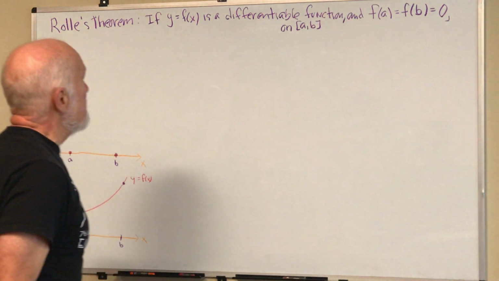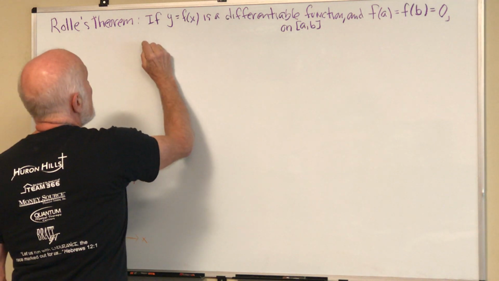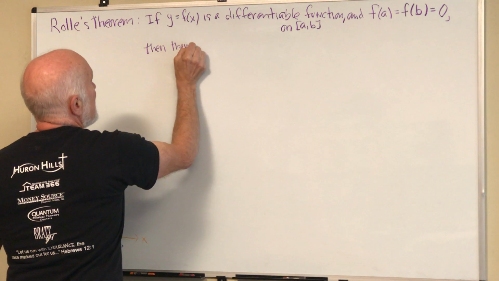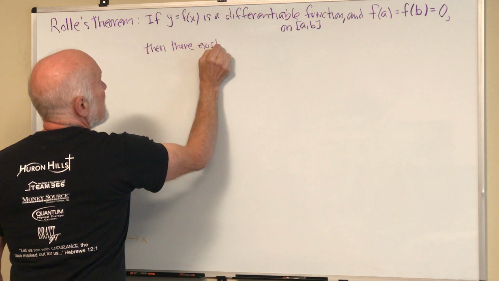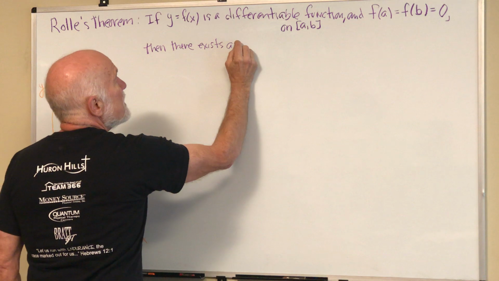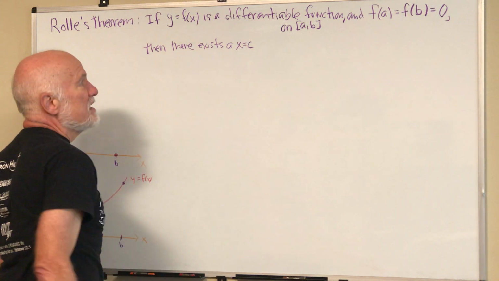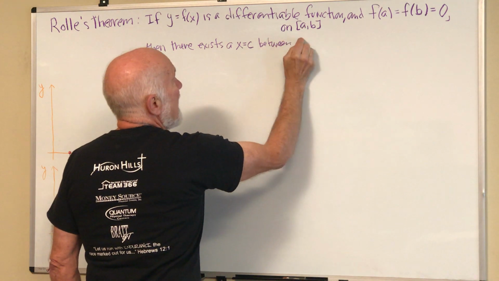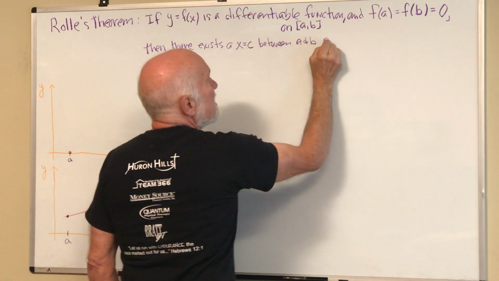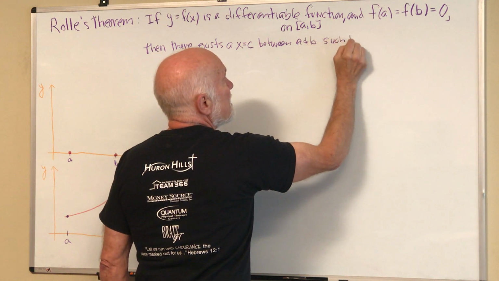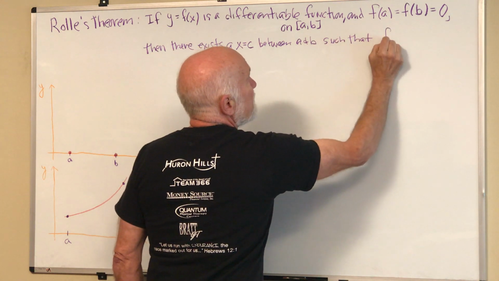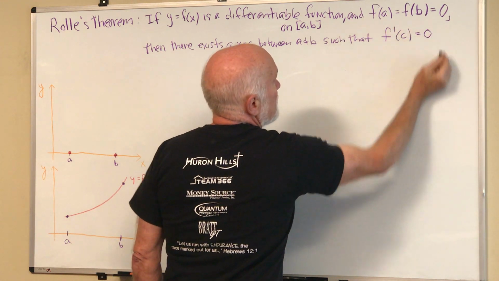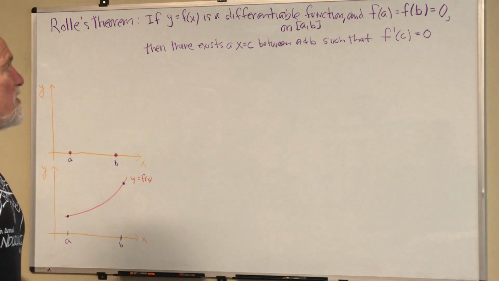So that's the hypothesis, and the conclusion is then there exists a value x equals c between a and b such that f prime of c is equal to 0. So that's what the theorem states.